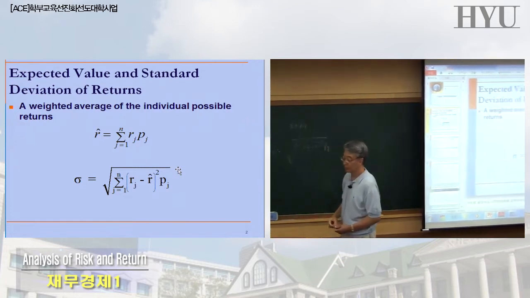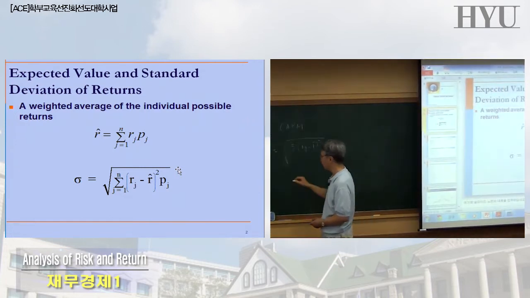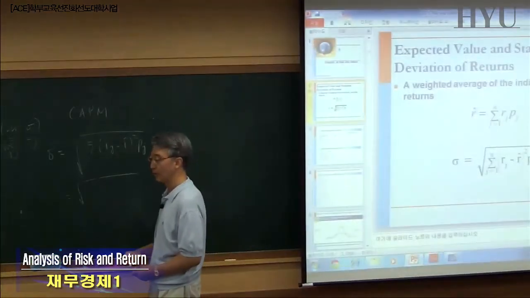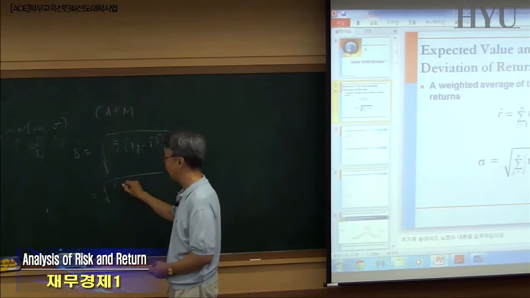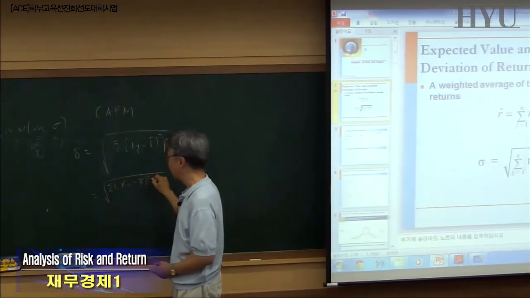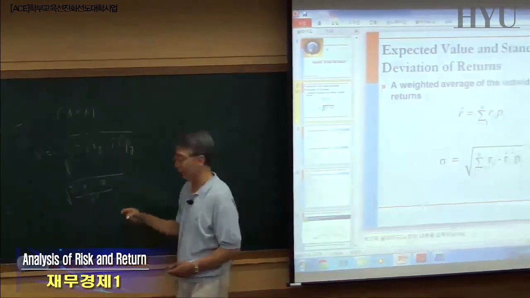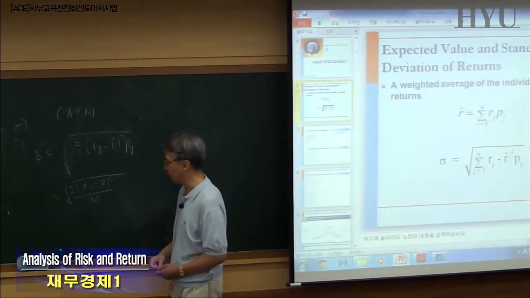If you remember your basic statistics, what's the typical formula for standard deviation? That's the square root of the summation of xi minus x bar squared over n. That's the typical equation for standard deviation.